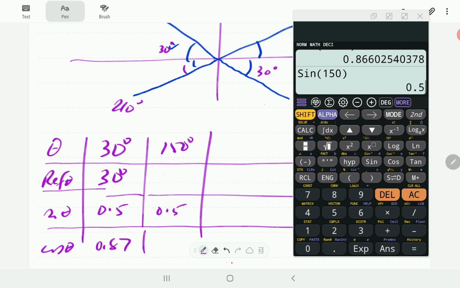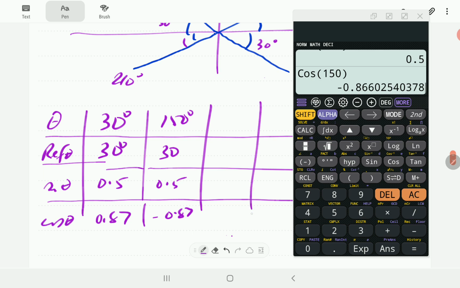Ref 150 is 30 because it's 180 minus 150. Then let's do cosine 150. It's negative 0.87.